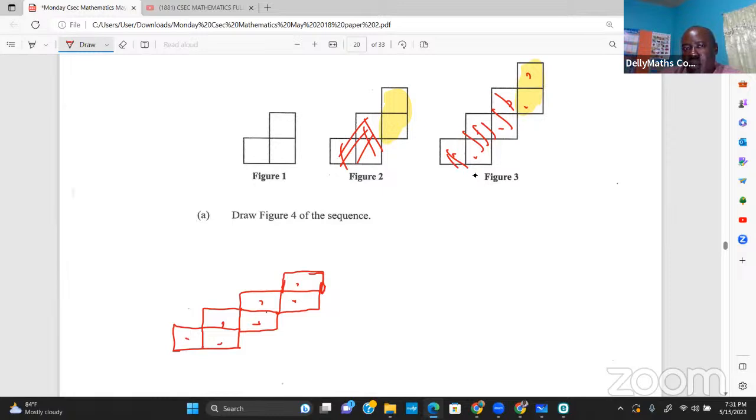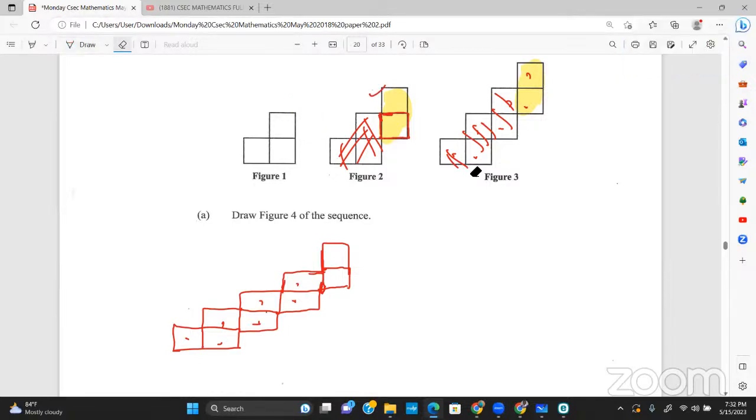You would have had the previous one and you extend this box here. And then you put a box on top of it. That's what you do each time. Extend this box and you put a box on top of it and you get this one. So that's what it's doing.